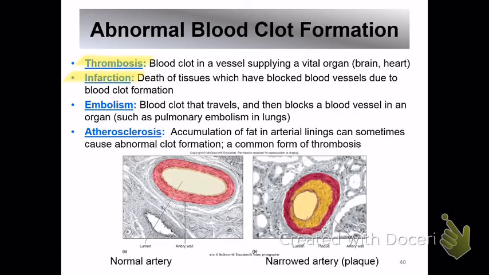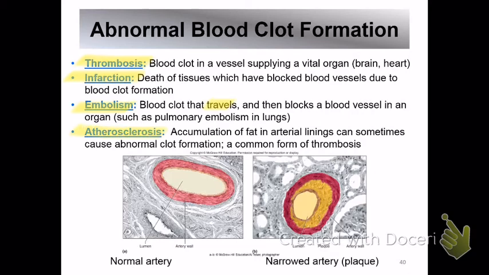So death of tissue, because it's not getting blood, it's not getting oxygen. So death of tissue, which has blocked the blood vessel due to the blood clot. So the blood clot is preventing oxygen from getting there. Embolism, blood clot that travels and then blocks a blood vessel, such as a pulmonary embolism. So it was traveling and then it got wedged and stopped in the lungs.